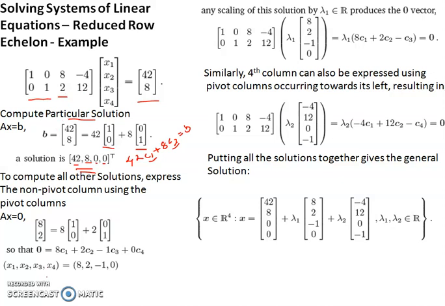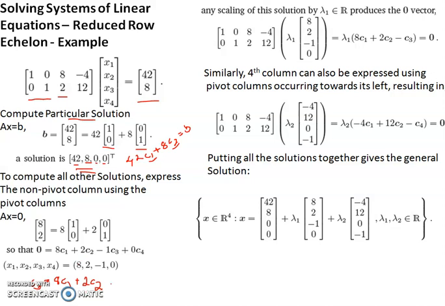Column 3 can be written as 8 C1 plus 2 C2. Column 3 can be represented using the pivot columns to the left of column 3, that is C1 and C2. We can write it like this.